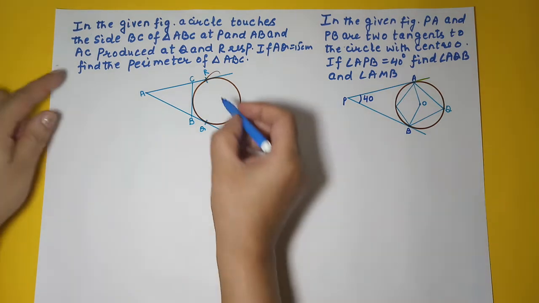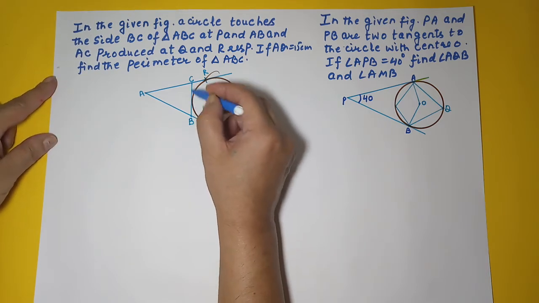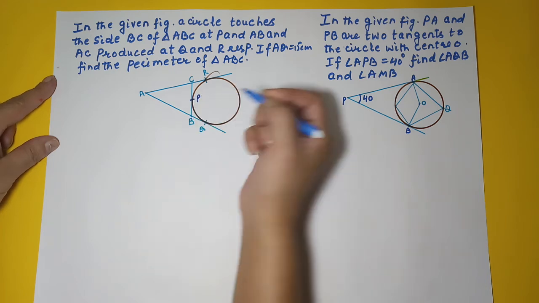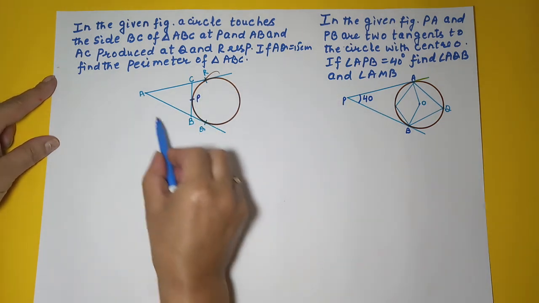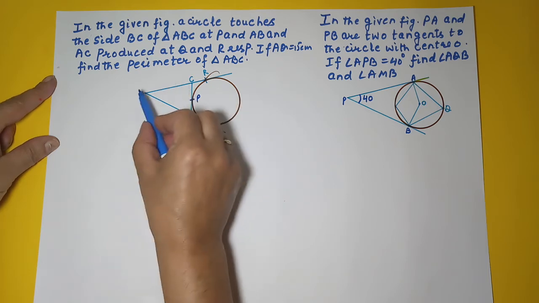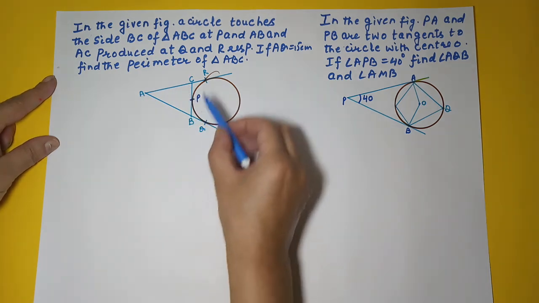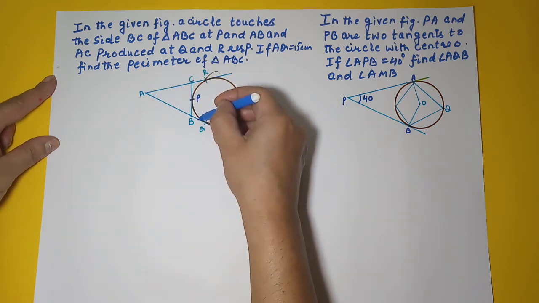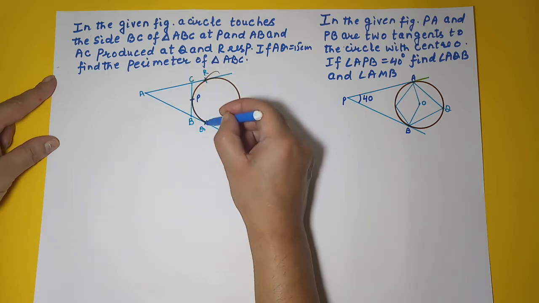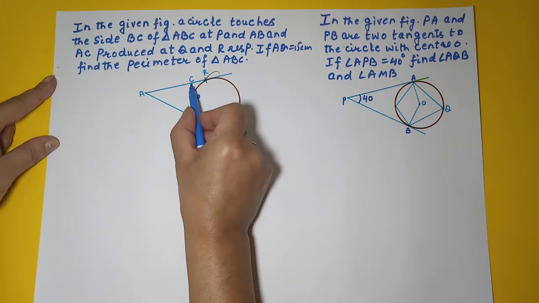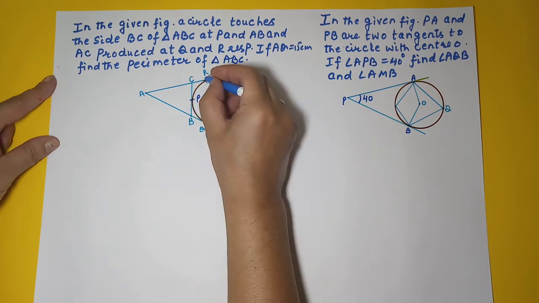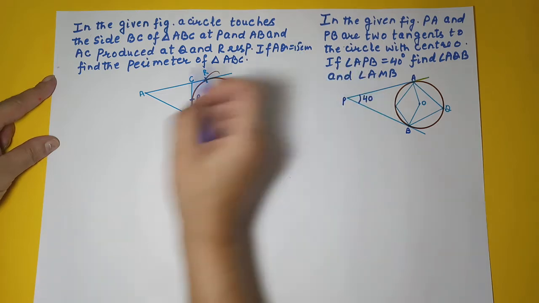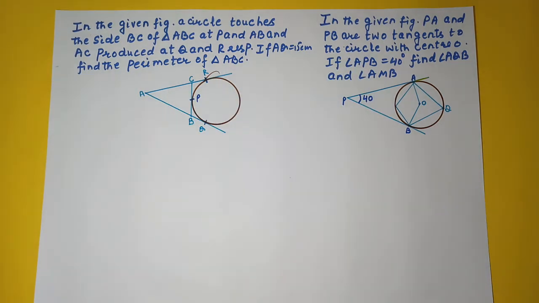In this, a circle touches the side BC of a triangle at P, and AB and AC of the triangle produced at R and Q. Now, AB side is touching the circle when produced to Q and AC side is touching this circle when produced to R. He's saying that if AQ is 15 centimeters, find the perimeter of triangle ABC.